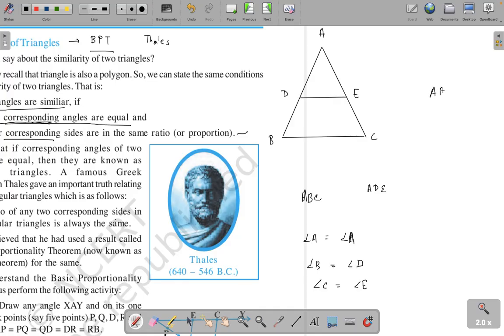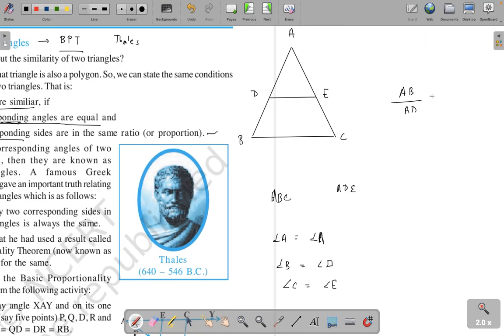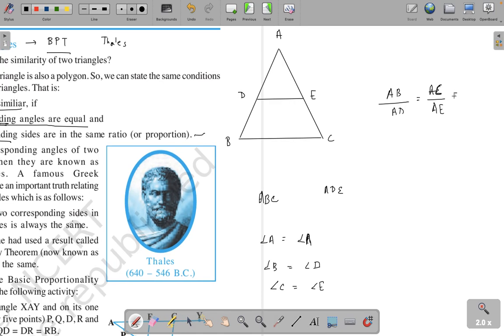say the first triangle is AB upon AD, this is equal to AE upon AC, or AC upon EB, and this is equal to BC upon D. So this is the basic proportionality theorem, and then you can extend this to the midpoint theorem when you say this is the midpoint of EB.